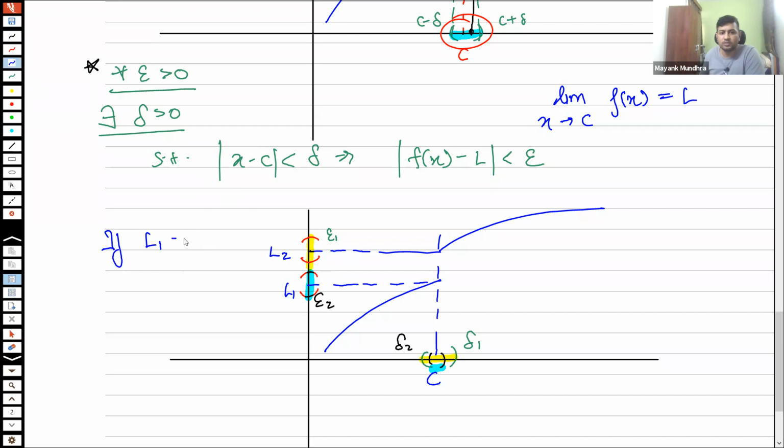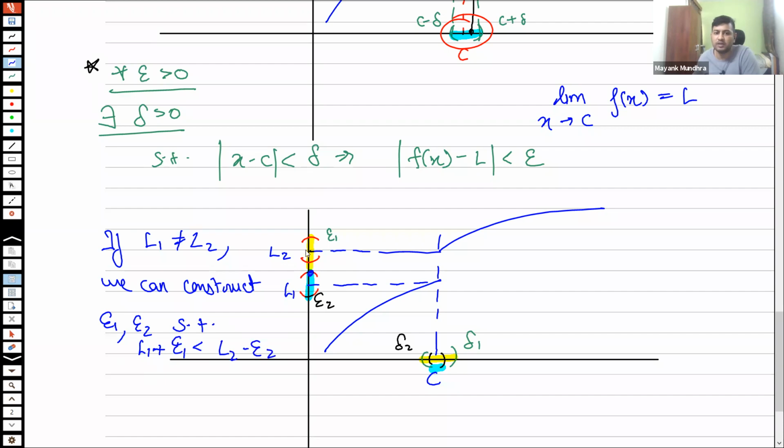But if L1 and L2 are not equal, then we can construct epsilon 1 and epsilon 2 such that L1 plus epsilon 1 is less than L2 minus epsilon 2. So this point is L1 plus epsilon 1 and this point is L2 minus epsilon 2.